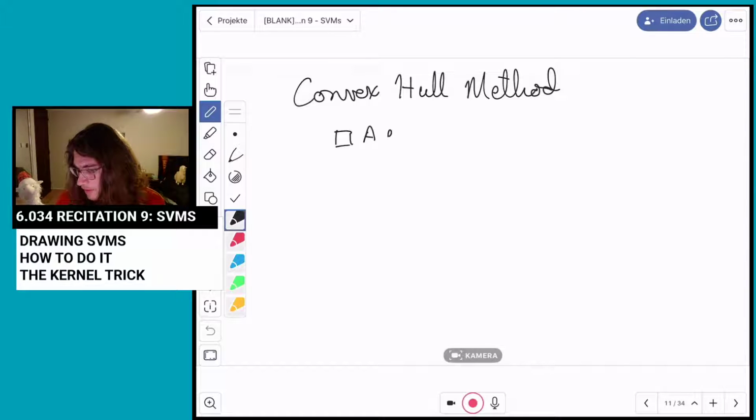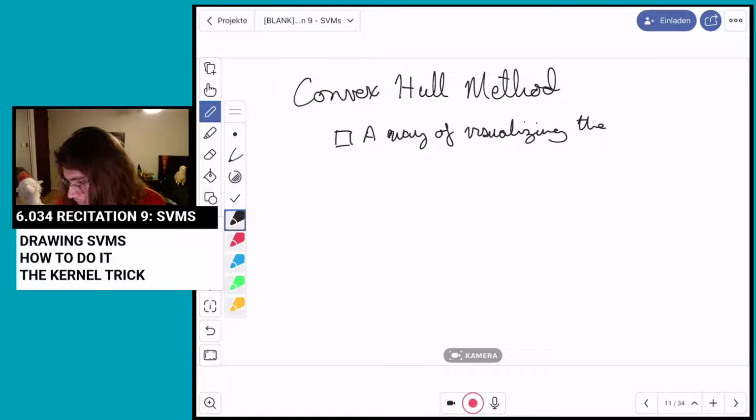More specifically, it's a way of visualizing the decision boundary when it may be hard to see initially.